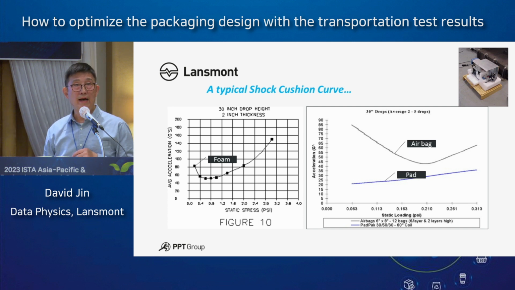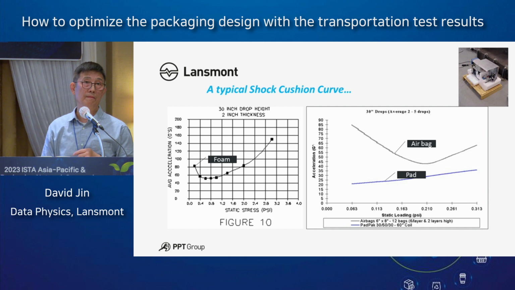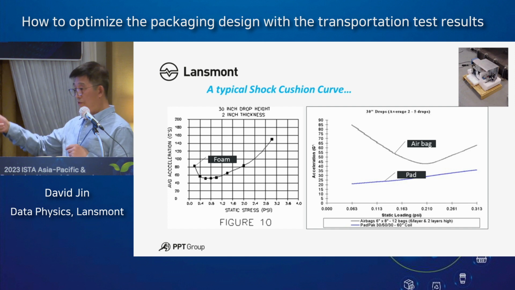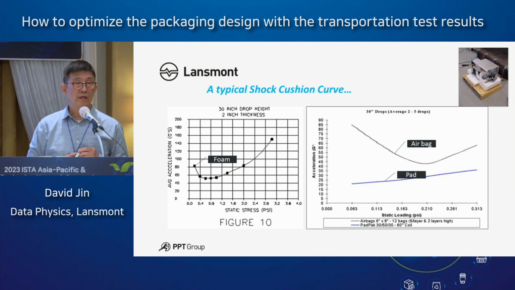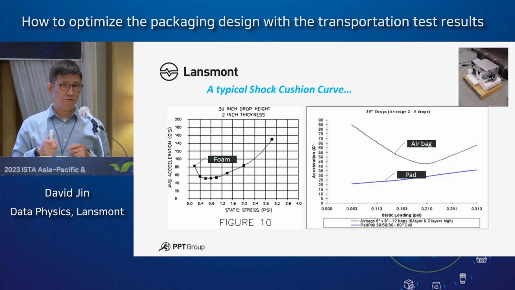And we also have the pad absorption. The pad is harder. You can see the curve is almost linear. So these are three different kinds of cushion materials for protection. Depending on the kind of product, the weight, size, whatever, you need to choose one.